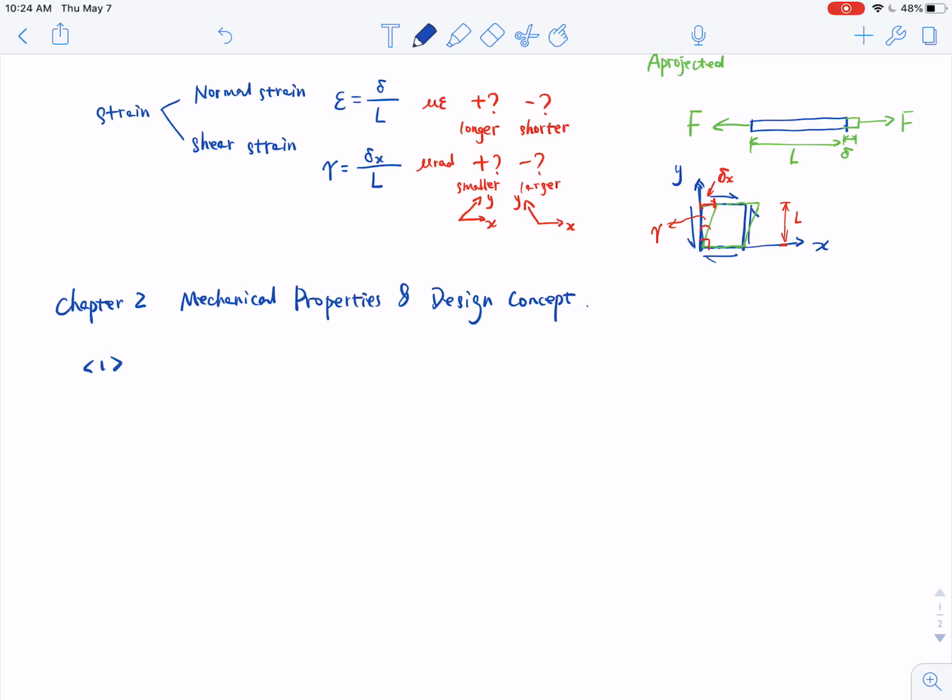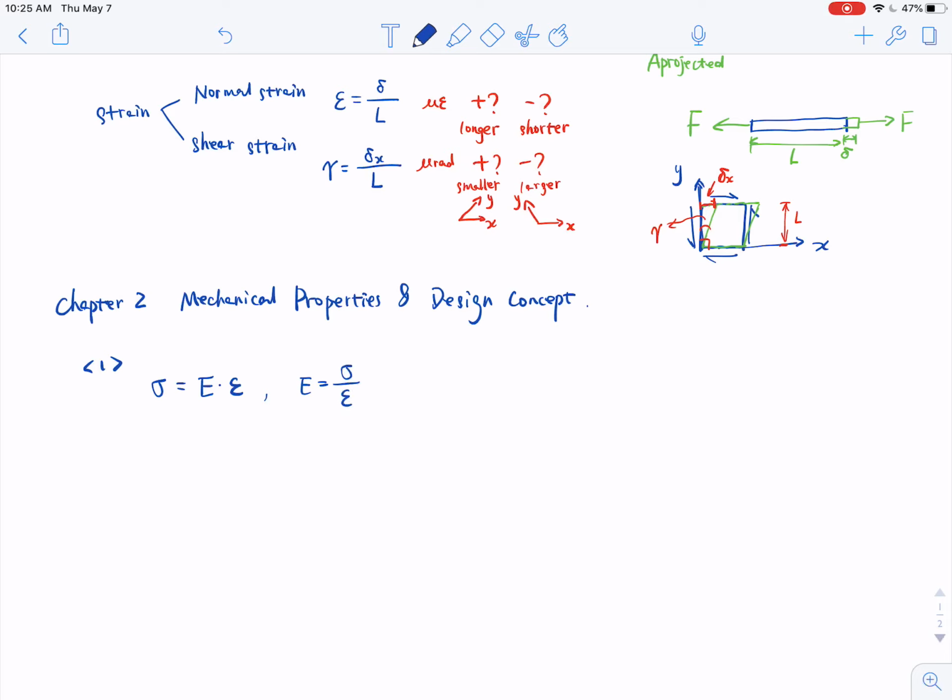Hooke's law has a series of equations, and for the 1D compression or tension, you have stress equals E times strain. So the modulus of elasticity can be defined as sigma over epsilon.